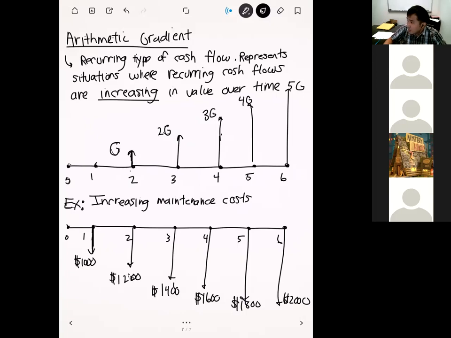So if these are costs, how come the arrows don't point down? In the original diagram, I put the arrows pointing up just so that I would have room on the bottom. But arithmetic gradient could be either a cost that increases with time, which is what we have in this example, or it could be a benefit that increases with time, which is what I have in the top one too. So any cash flow that increases in value, we can use an arithmetic gradient to represent that.